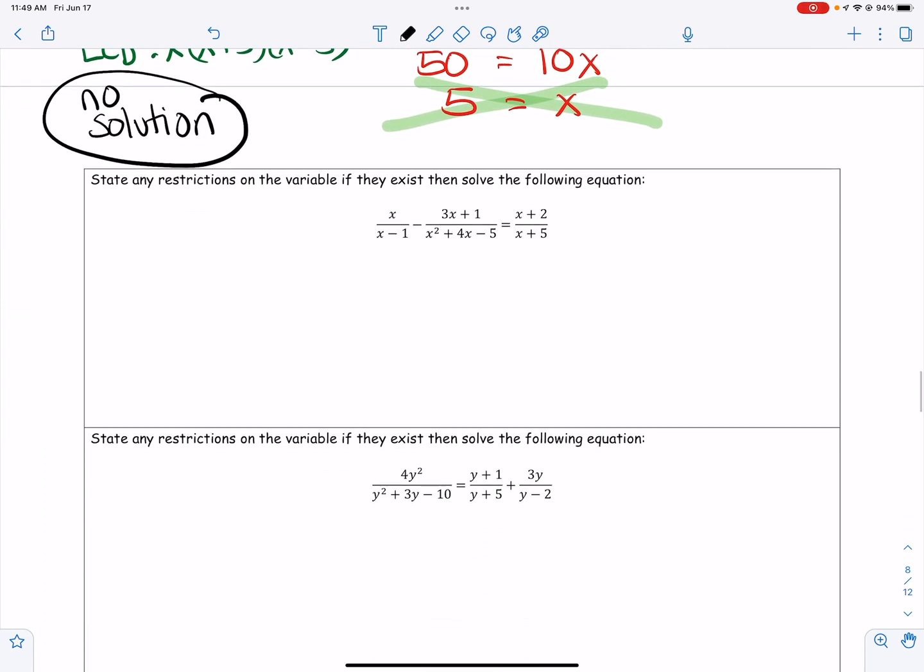All right. Next one. So this one, we have to make sure that our denominators are completely factored. So the good thing is that when you factor this one, it's going to be x plus 5 and x minus 1. So first, let's find our restrictions.